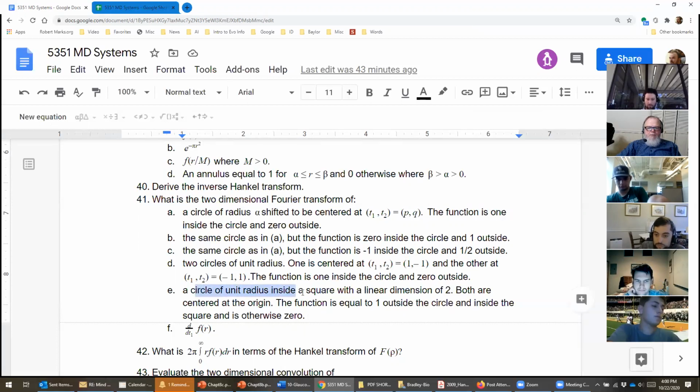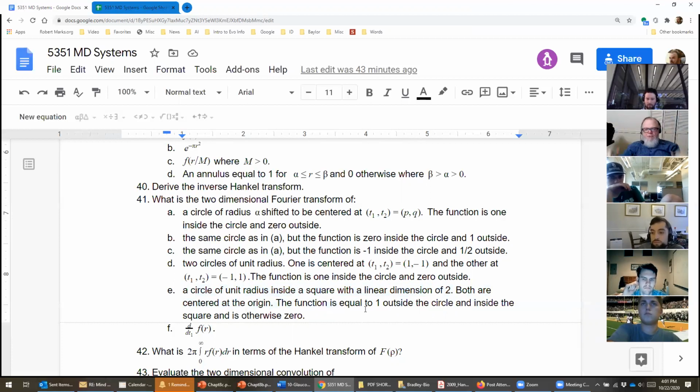Here's a rough one. A circle of unit radius inside a square with a linear dimension of 2. So think of a square, and inside the square is a circle which touches all the sides of the square.